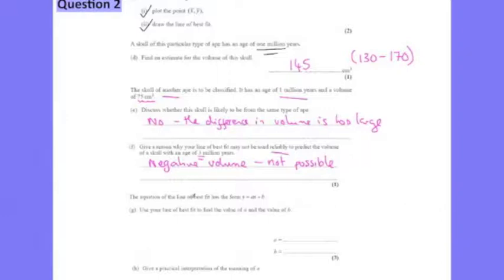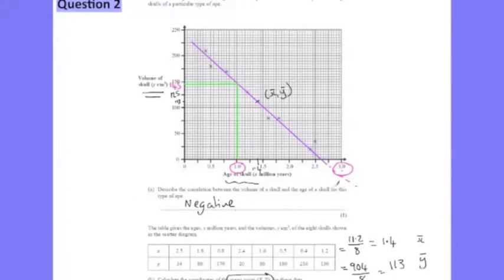Moving on now to the equation of the line of best fit. We're told the form y equals ax plus b, and we're asked to use our line to find the value of a and the value of b. So let's take a look at our graph here. We need to first extend our line so that it goes through the y-axis.